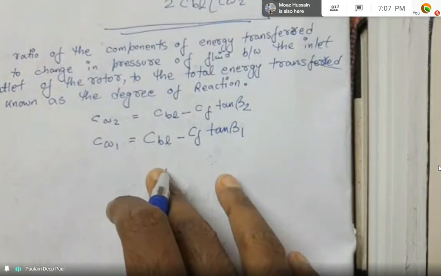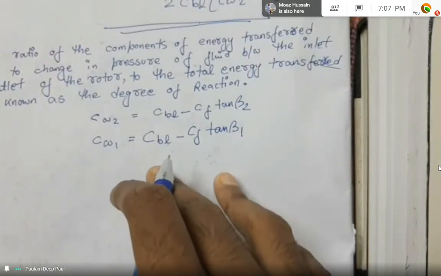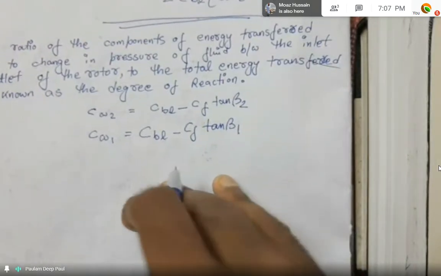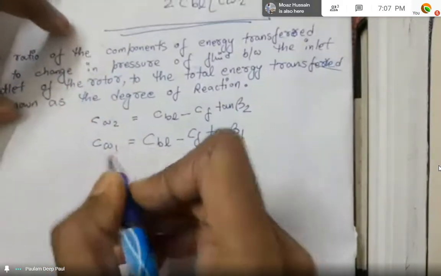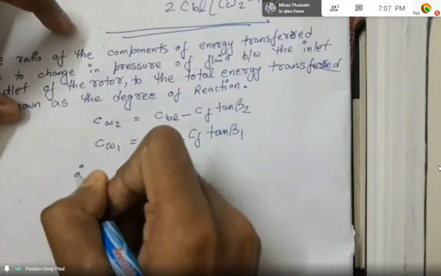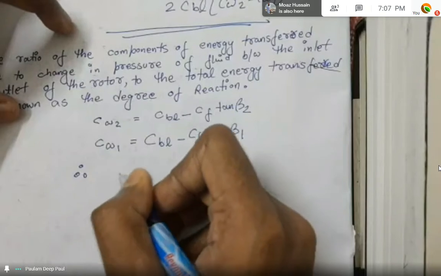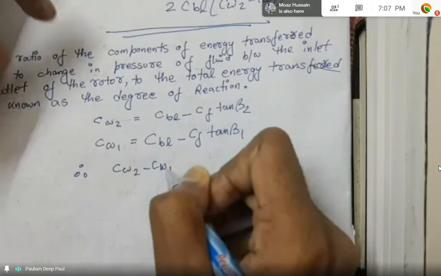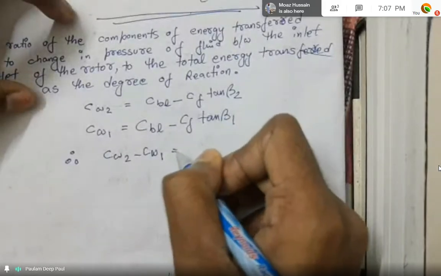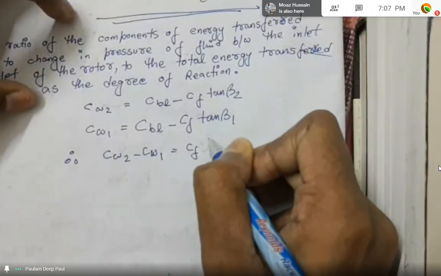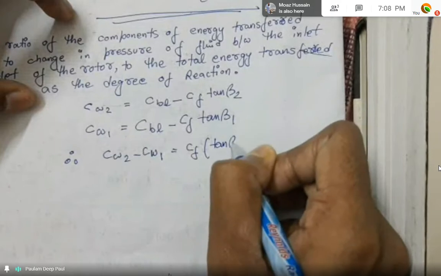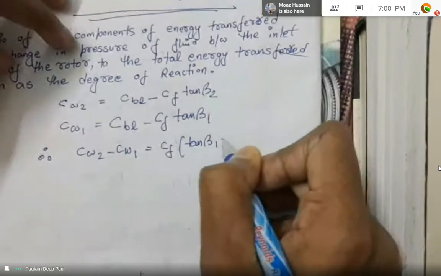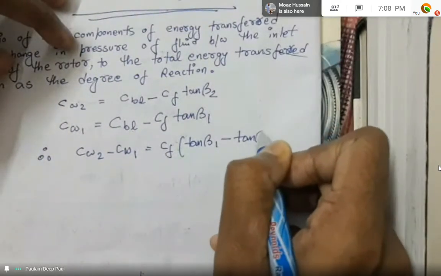We have these relations, and we can input them into the degree of reaction, but before that, we'll simplify a bit further. Therefore, Cw2 minus Cw1 equals Cf multiplied by tan beta 1 minus tan beta 2.